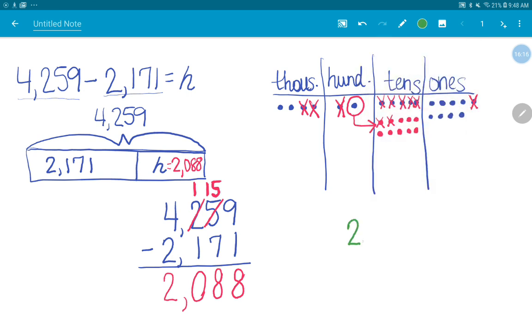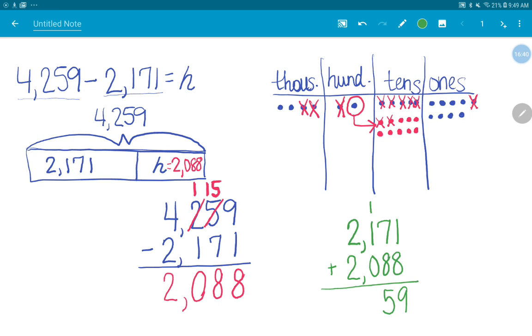So I'm going to add 2,171 plus 2,088. If I add those together, 1 plus 8 is 9. 7 plus 8 is 15. I'm going to write down the 5.